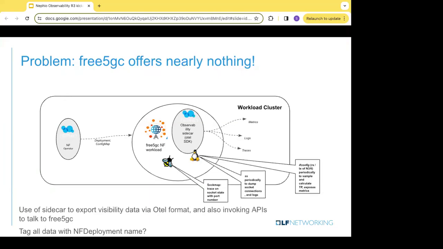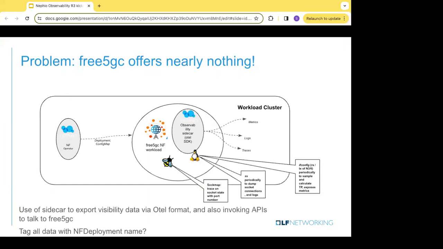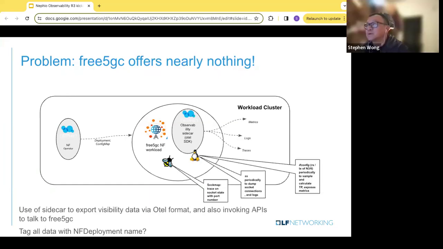I mean, the observability sidecar here is kind of specific to free5GC. Well, as you probably know because you've been attending the SDK meeting, we are also very keen on getting network function vendors on board with the thinnest obstacles possible. So at the very least we'll be building samples of how to build the sidecar.